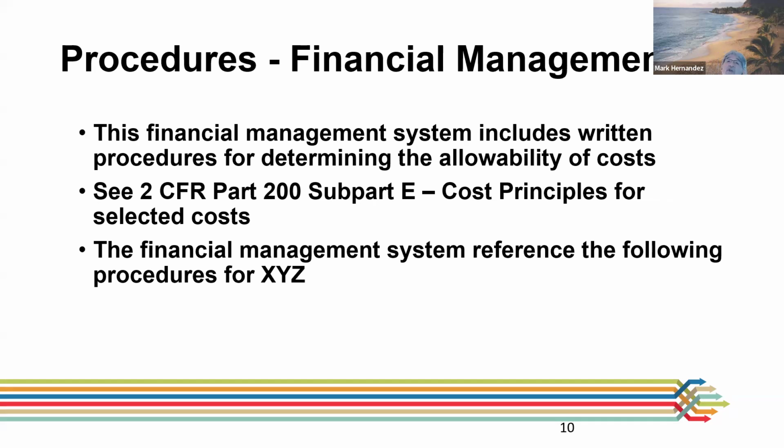That shows where you look for allowable cost and also unallowable cost. So your procedure is to look at those kinds of things in your financial management, and where you go is kind of your how-to. And then you just reference it in your management system, the procedure for that.